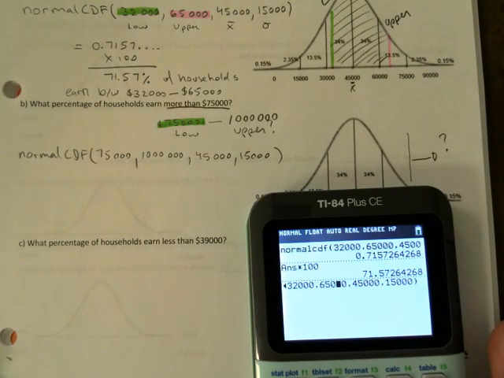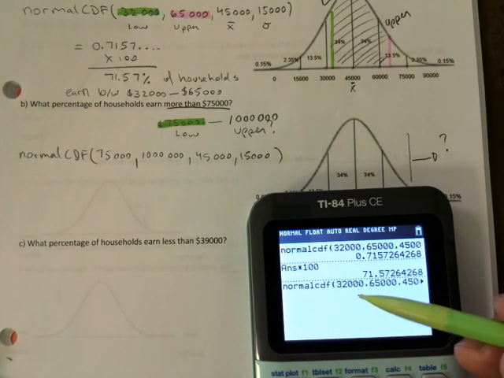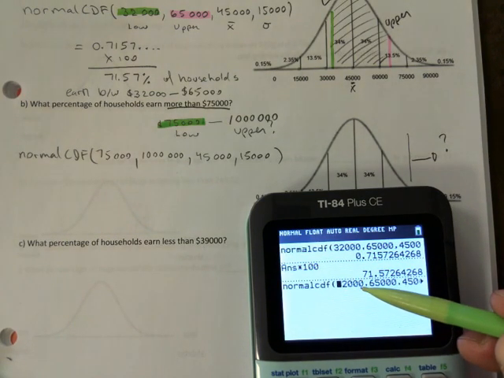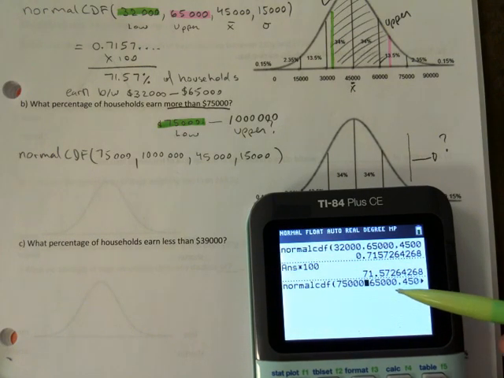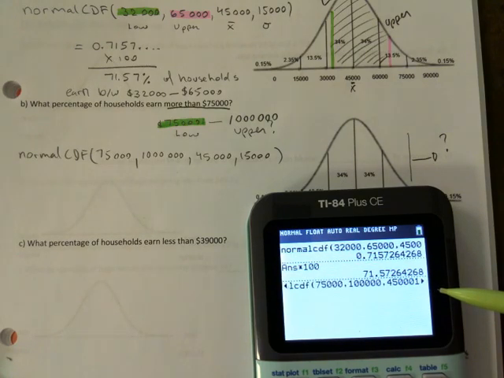Oh, you might have to change it, sorry, because we have to put in that 1 million, right? But our low is 75,000, so I can just leave it like that. Our upper is 1 followed by 6 zeros. So that's where the problem is. So we have to retype the last little bit. So 45,000 and 15,000. Close the bracket. Hit enter.